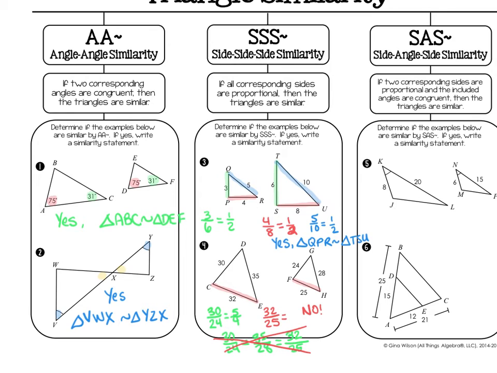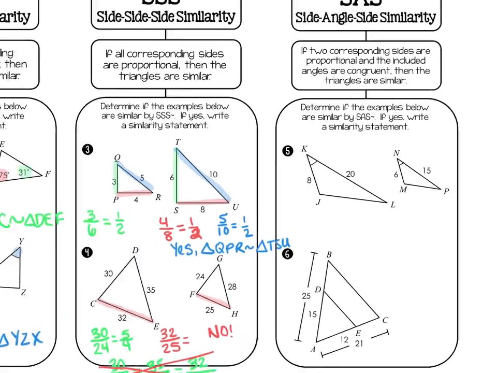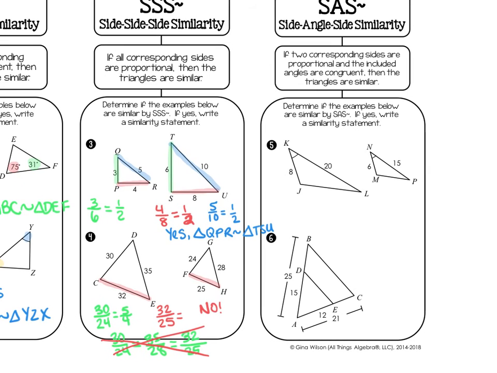All right, moving on to our third example. And the third way that we can prove that triangles are similar is using side angle side similarity.